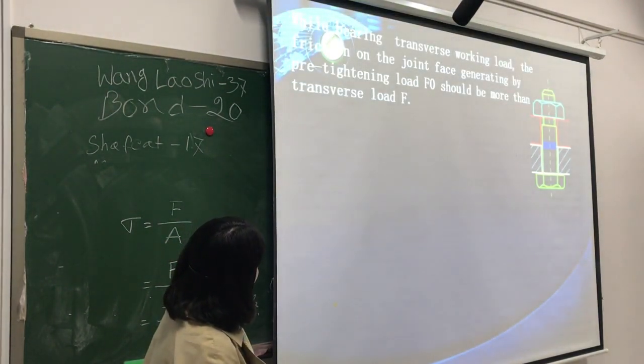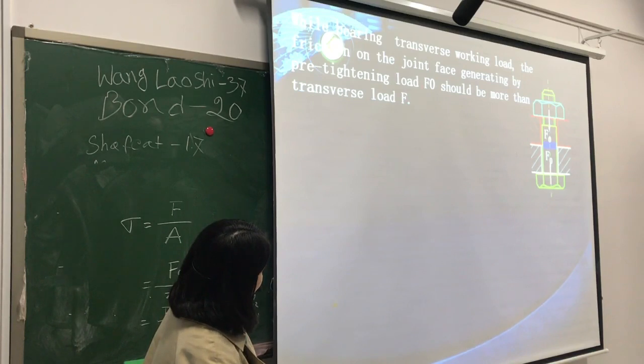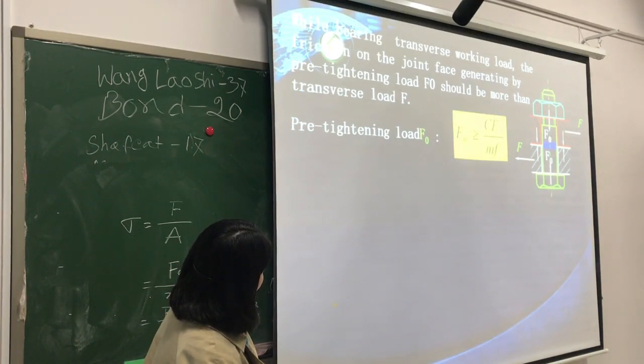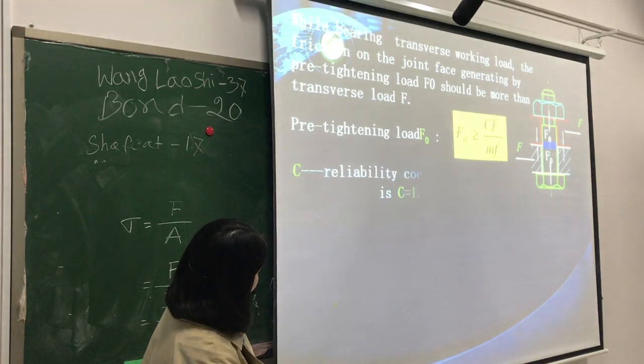And while bearing a transverse working load, the friction on the joint face generated by the preload F0 should be more than the transverse load F. And the preload F0 should be greater than C F over m f.